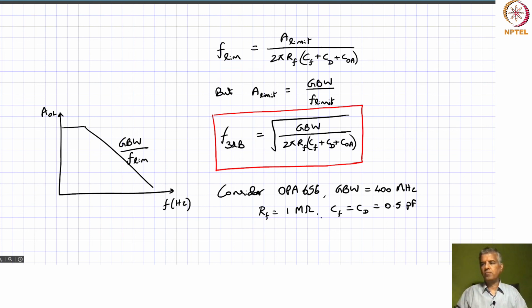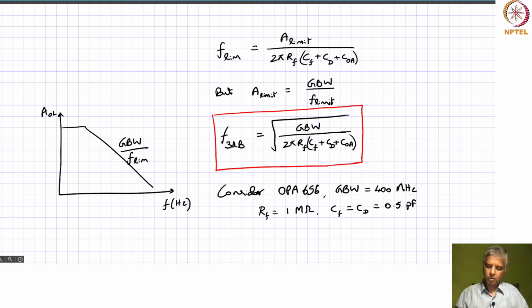okay. So if you plug all of these values in, this is actually 1 picofarad, so that's about 10 power minus 12. RF is 1 megohm, so that's 10 power 6. You have a 2 pi term, and then a 10 power minus 6 over here, and the gain bandwidth is 400 megahertz, 4 into 10 power 8. The 10 power minus 6 can go to the top, so that becomes 10 power 14.